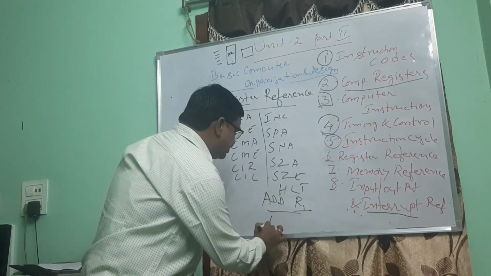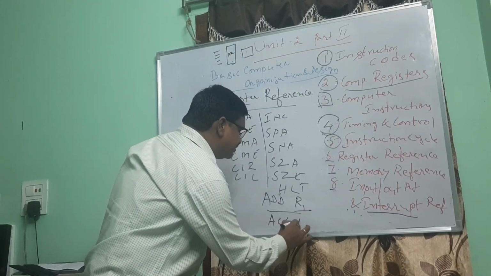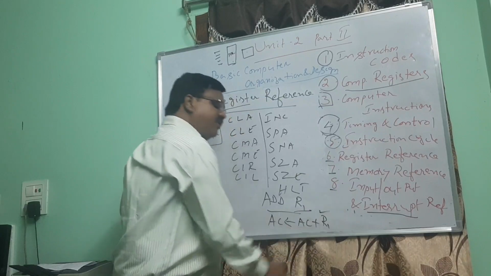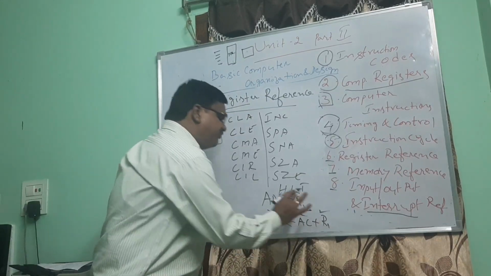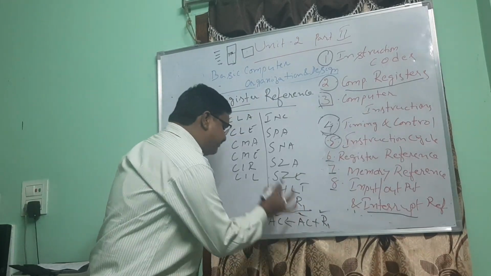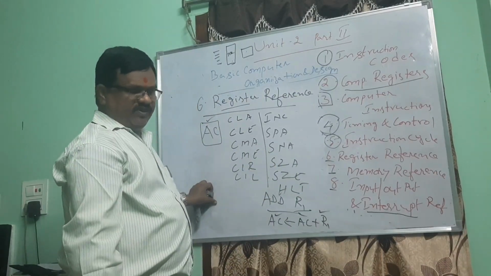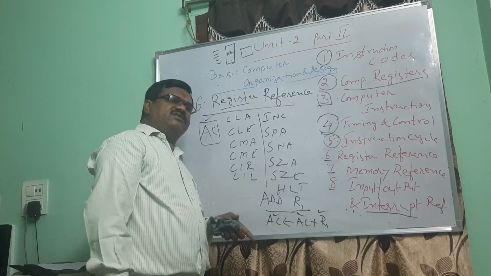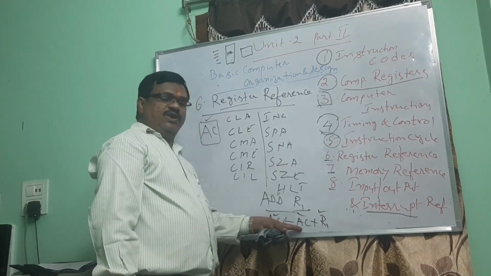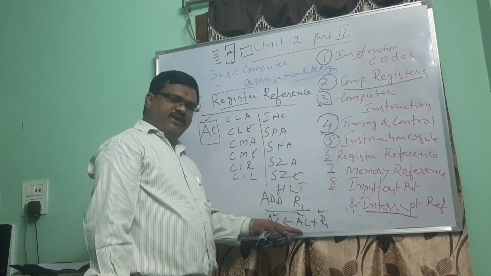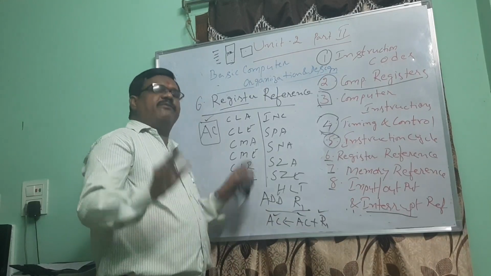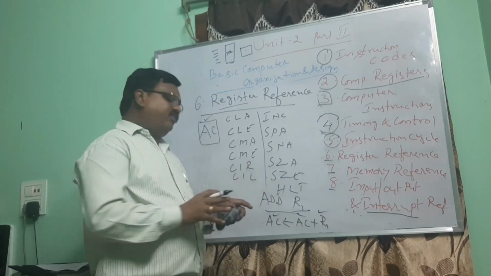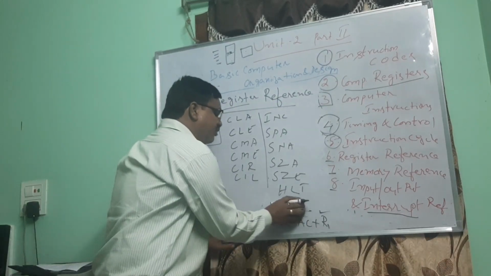The meaning of this is AC equals AC plus R1. So the value of R1 is added with the value of the accumulator, and the result is finally loaded in the accumulator. So if no second register is mentioned in any instruction, the default register you have to assume is the accumulator. It will be used for any arithmetic or logical operations as a default register. Okay, you have to remember that in your mind.